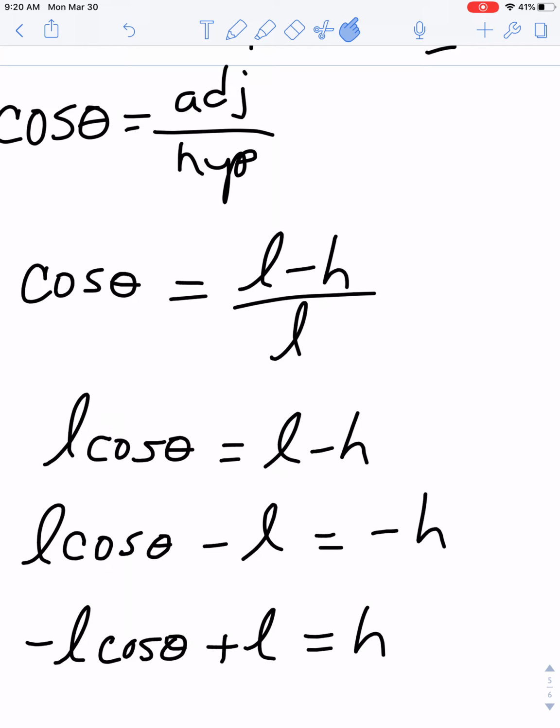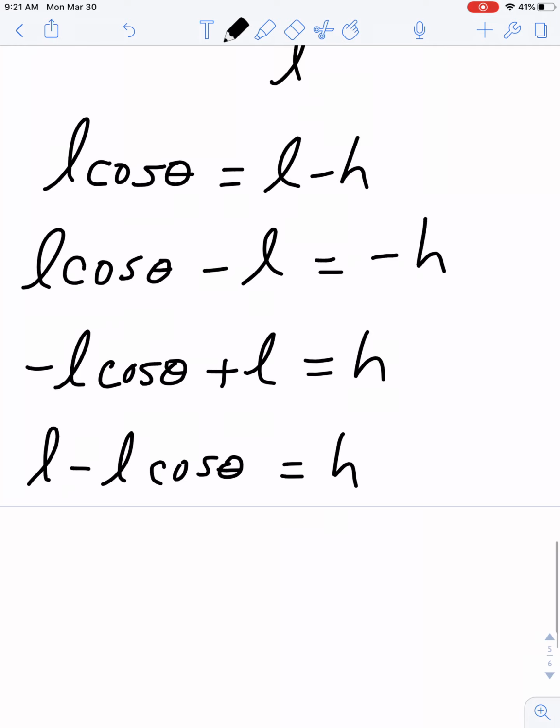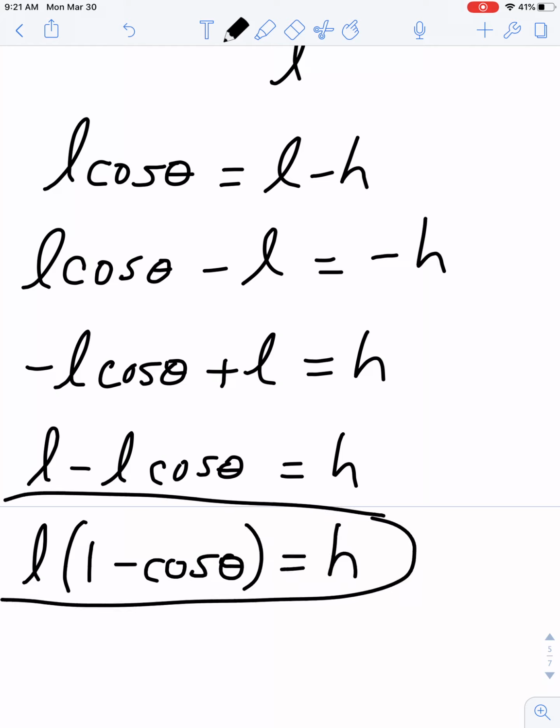And let's just clean this up now that we have an expression for H. We're going to go ahead and put the L out in front. And by now some of you are thinking, hey, we can do something here. Let's go ahead and factor out that L. All right. So what we have here is an expression for the height of the pendulum.